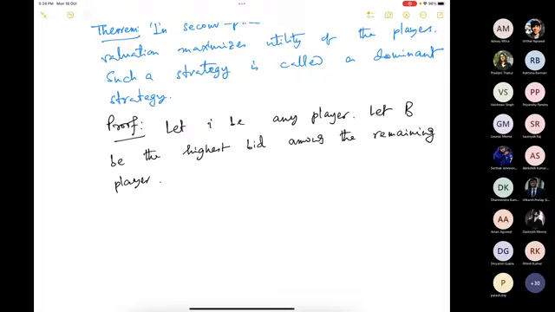Now let Bi be the bid of i. We will show that setting Bi equal to Vi maximizes the utility of the player i.